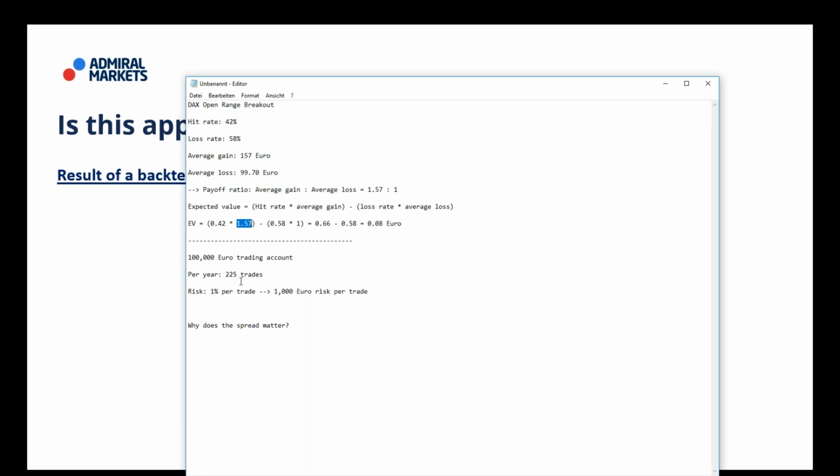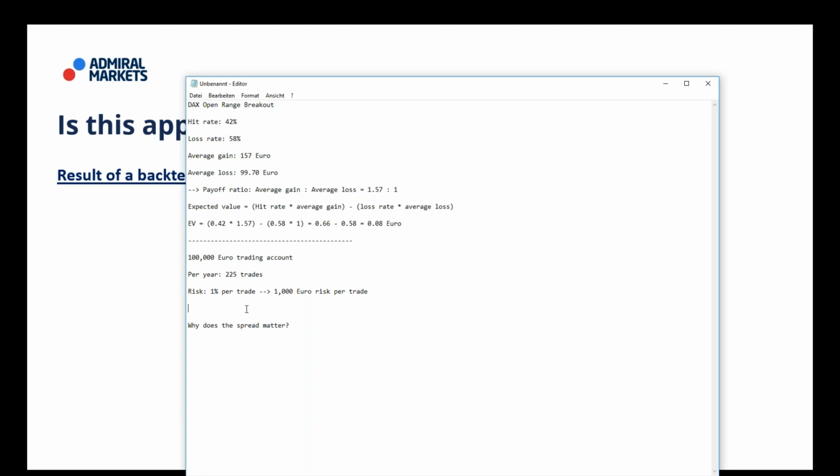So, this said, it's very important to say that this is purely theoretical, even though we want to use this here to show why a reduction of the spread, even though it seems not that much, is so important and increases your profitability to quite an attractive extent.